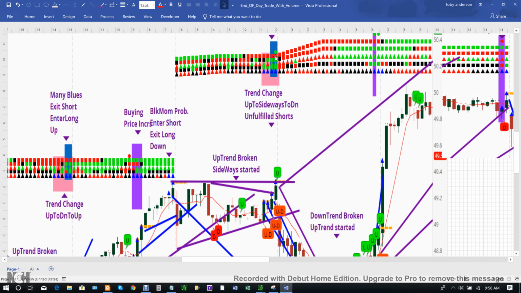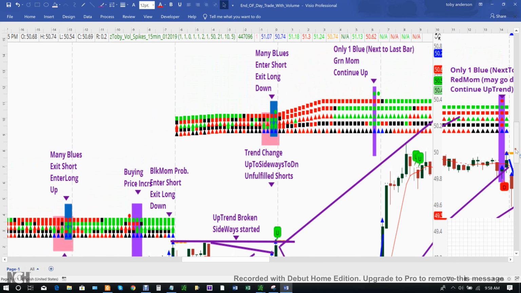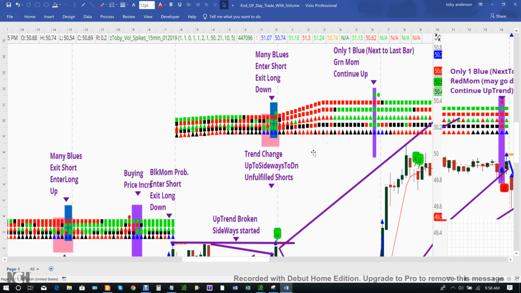So you look at this thing right here, the next to last bar of the day, and there's a green one here. There's sort of a good rule: this green means enter a short. And usually when someone enters a short, then the next one is red, because people are then going to exit a long.